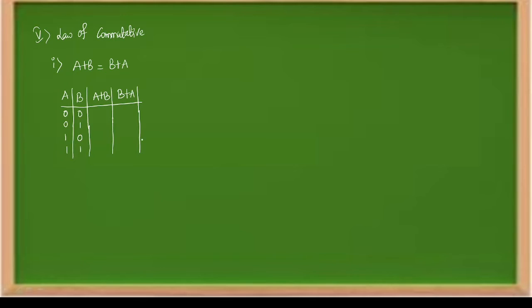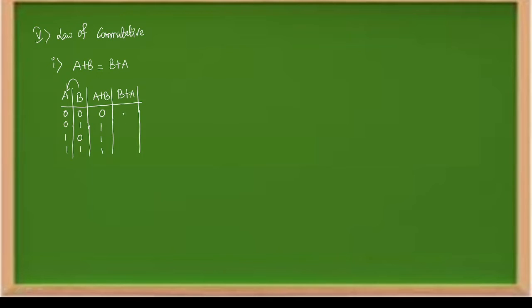Now, let me give you the logical OR operation. If any one input is high, the logical OR operation automatically gives you a high output. 0 or 0 is 0, 0 or 1 is 1, 1 or 0 is 1 again, 1 or 1 is 1 again. Similarly, here I need to go in reverse way.